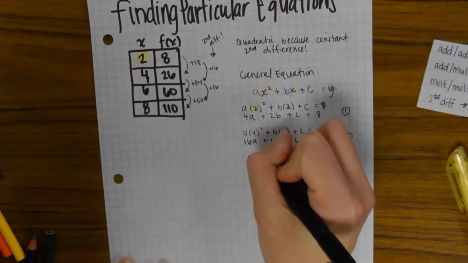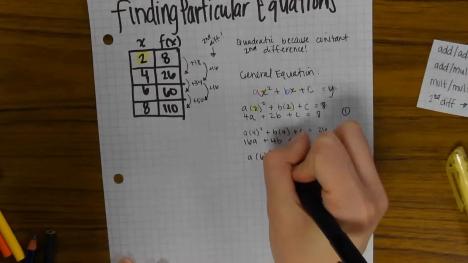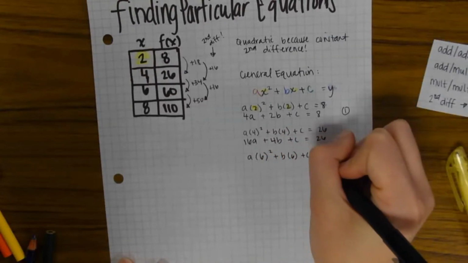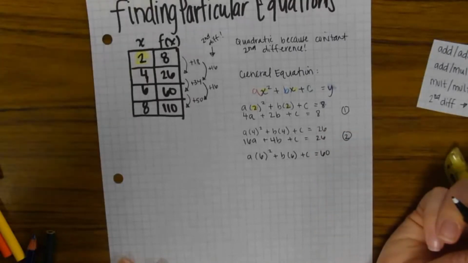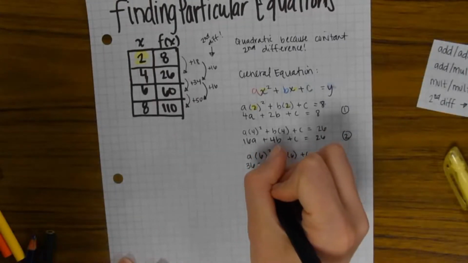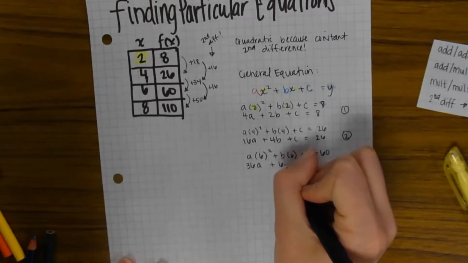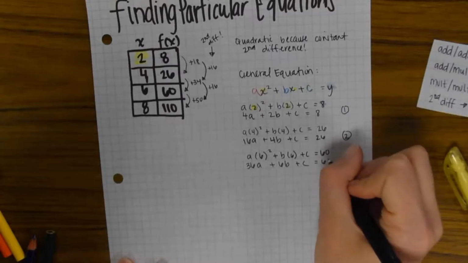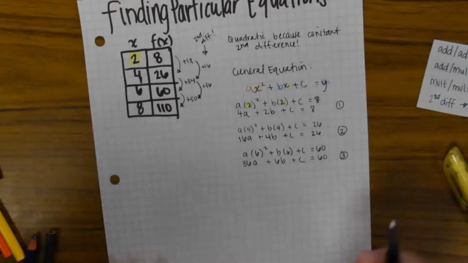A times 6 squared plus b times 6 plus c equals 60. Let's simplify it. 6 squared is 36. So I have 36a plus 6b plus c equals 60. There's our third equation.